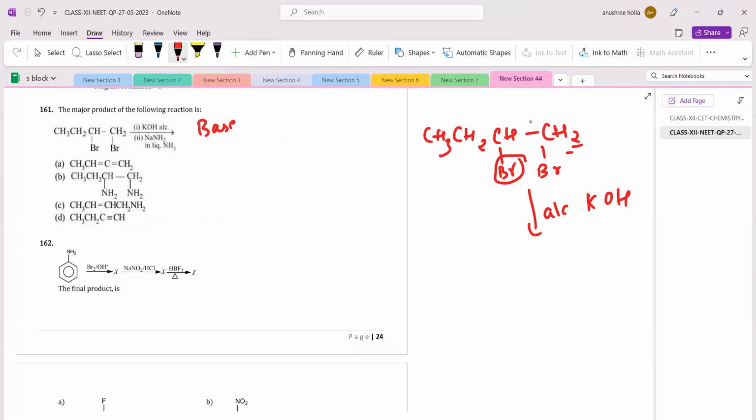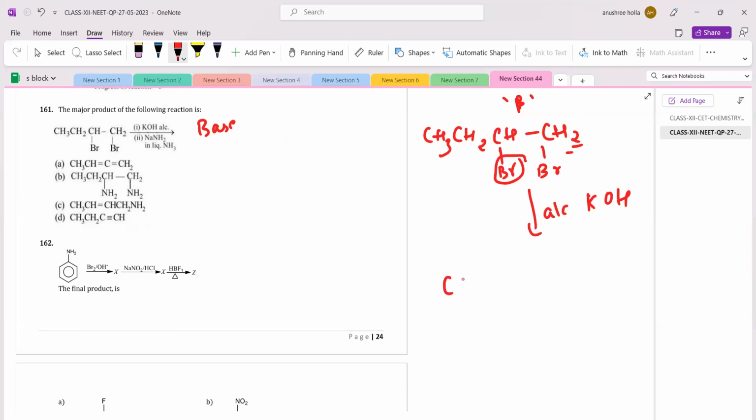In dehydrohalogenation, we remove hydrogen from a beta carbon atom, so we'll be removing a beta hydrogen. But I'm specifically removing hydrogen from this carbon because, as mentioned in an earlier question, this hydrogen is more acidic because of the electron withdrawing effect of the bromine attached to the same carbon. So that's why I'll be removing this hydrogen.